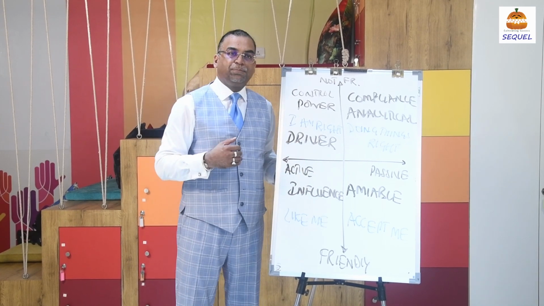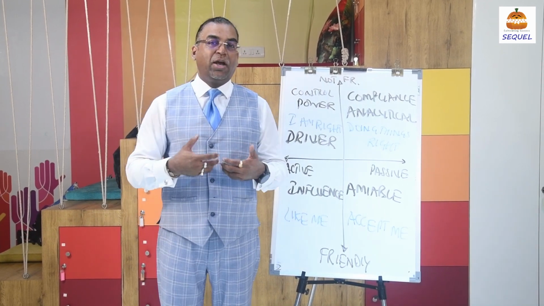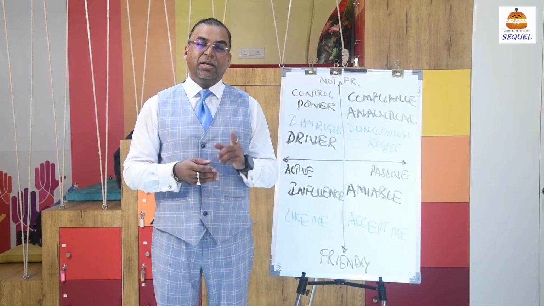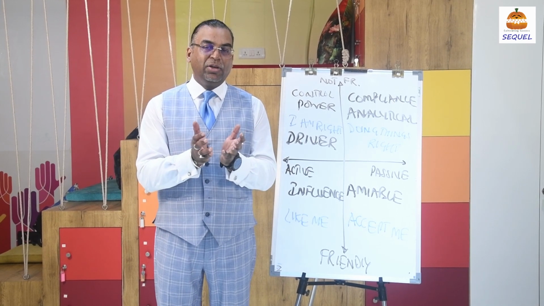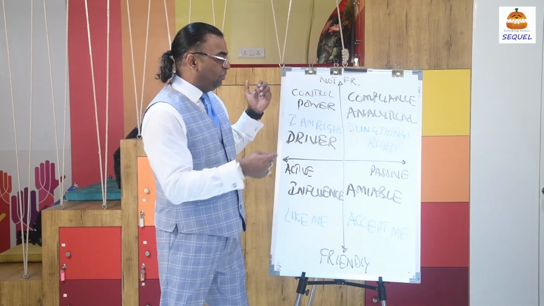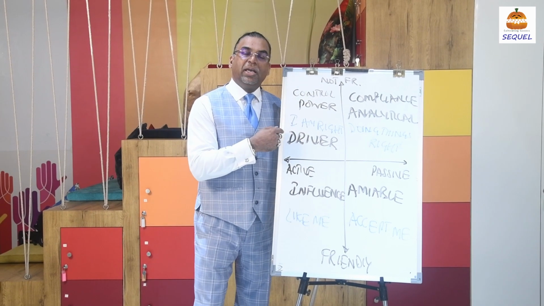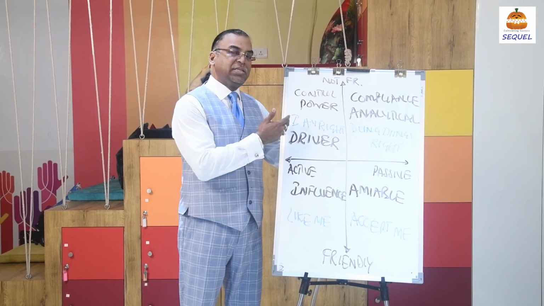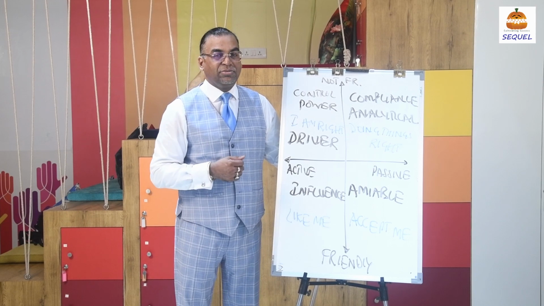Since they operate from I am right, they may be perceived as people who have high ego. Please understand, drivers don't know they have a high ego, but the environment around them may end up perceiving them as high on ego. Why so? Because they always want to drive their point of view. In an extreme case scenario, people may say a driver is arrogant, rude, insensitive.